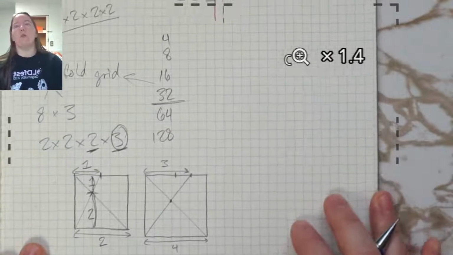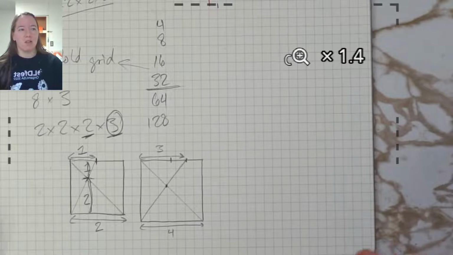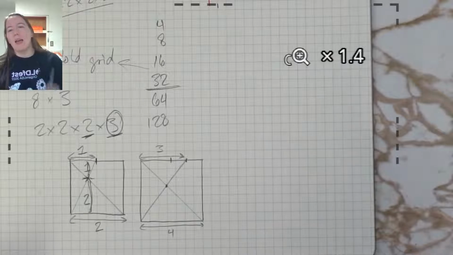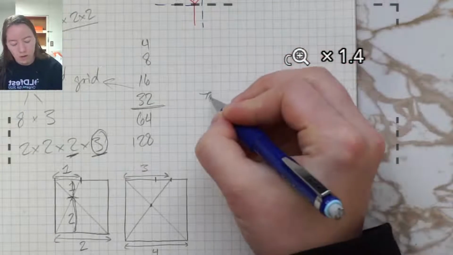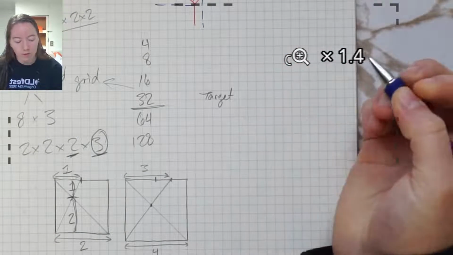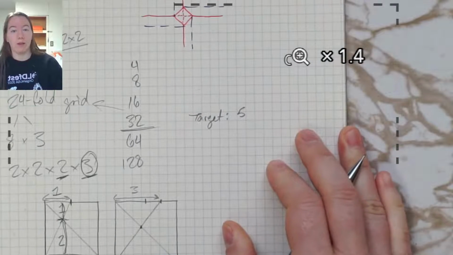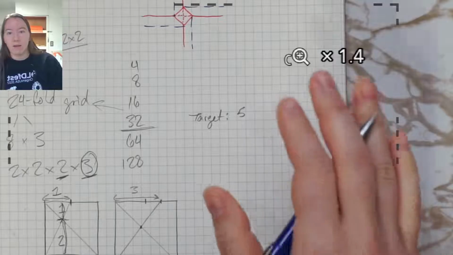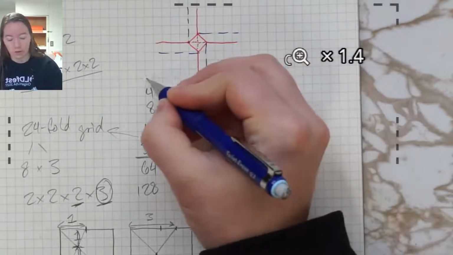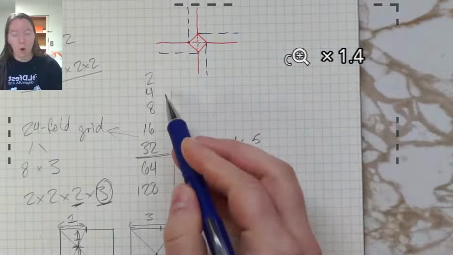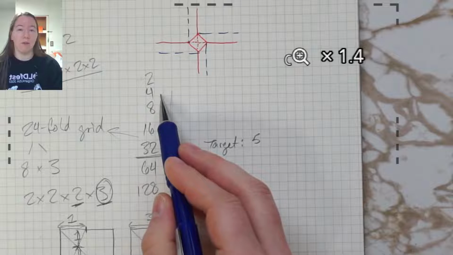And you start to get these patterns that show up where it's like, okay, say your target number of divisions is 5. Use one we haven't done yet. And so I can look at my list of multiples of 2, and I'm going to go ahead and put 2 at the top and say, what on this list is the biggest number that's less than 5?